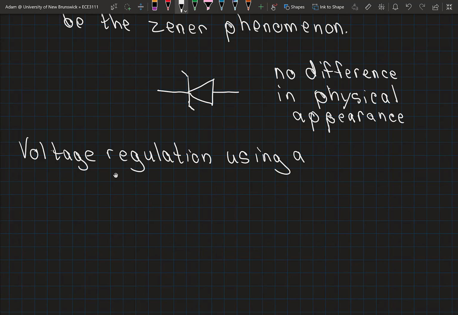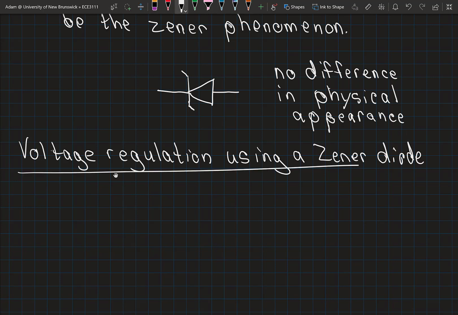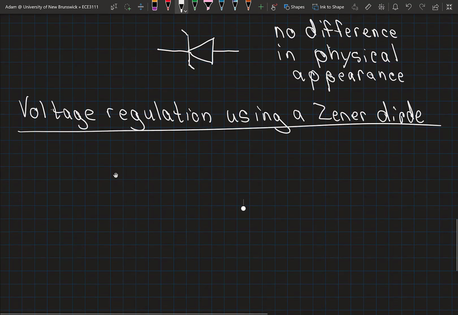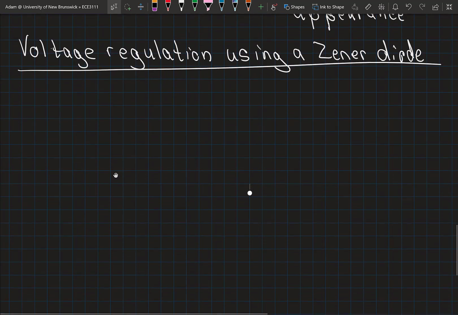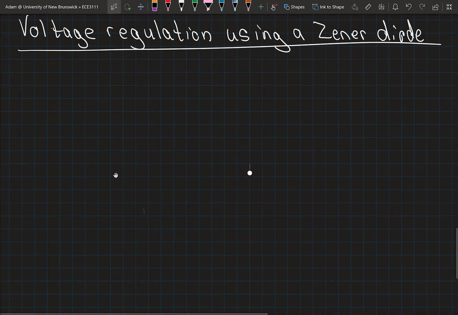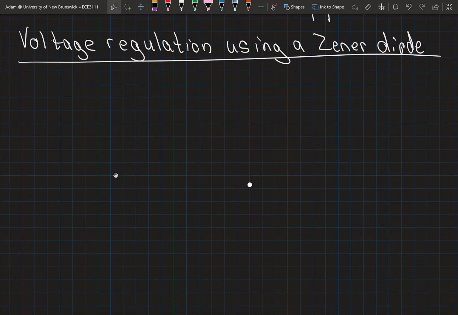Zener diodes are often integrated into our devices or voltage references to perform this voltage regulation, and so we wouldn't typically pick a Zener diode and create a voltage regulator with it directly, because the operating point is impacted by how it's biased, so those things are often controlled in an integrated circuit.